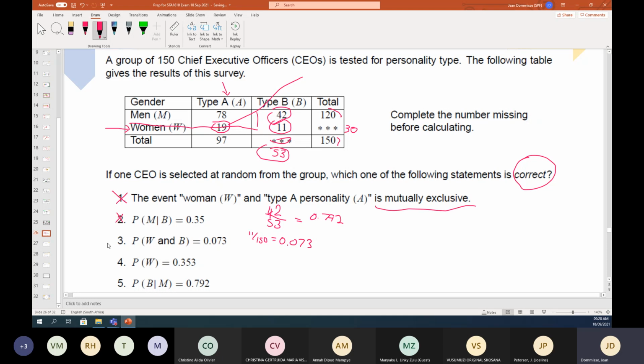0.073. Okay, correct one. But let's look at probability of woman. So probability of woman is 50 divided by 150, and let's just hope that is also now not giving me... Okay, luckily not. 0.2 it should be, so that is also incorrect.